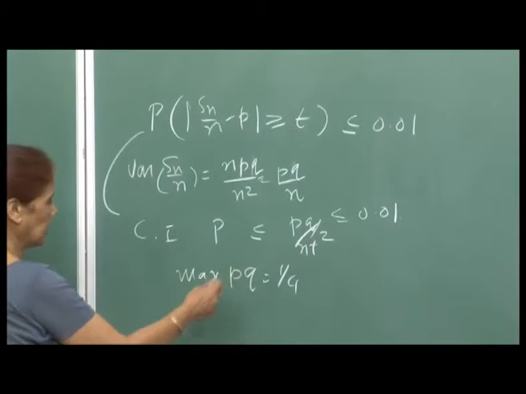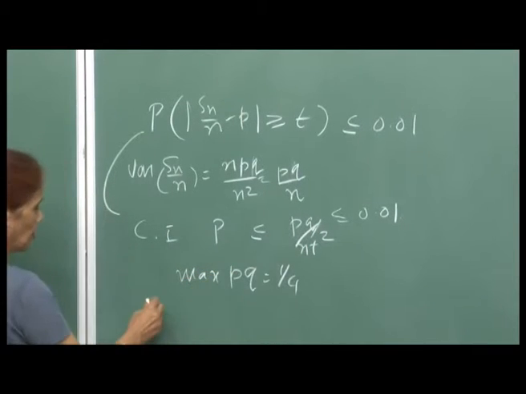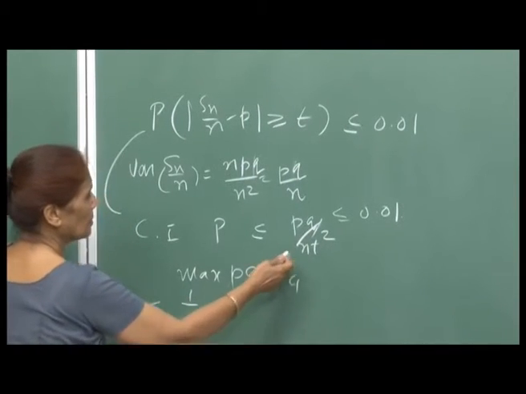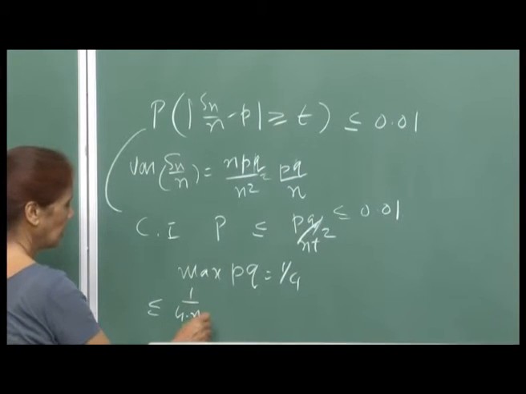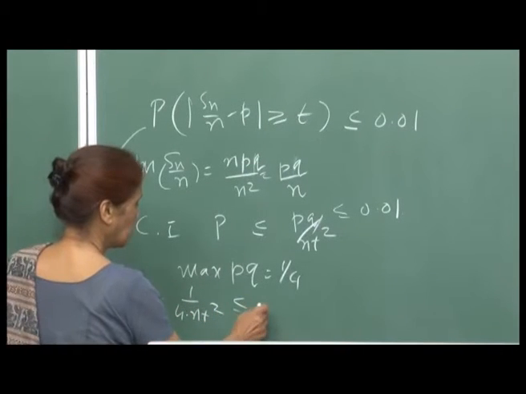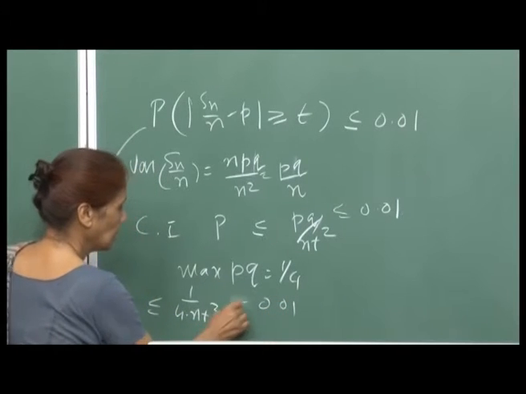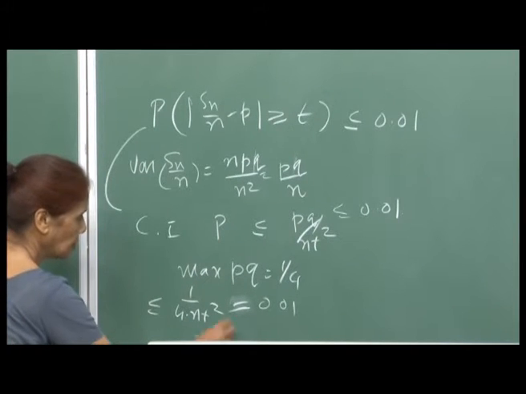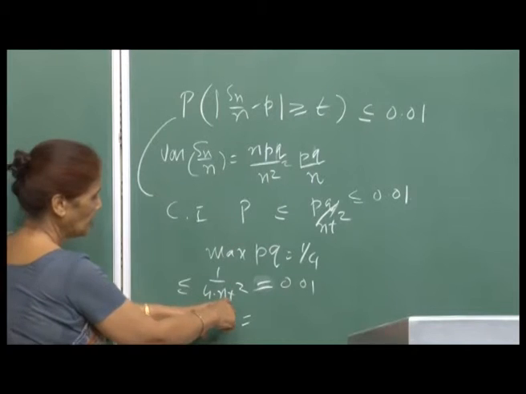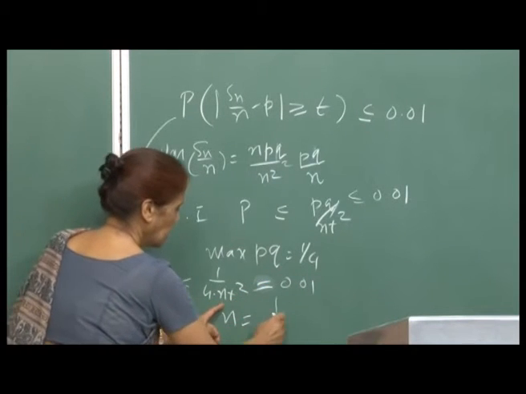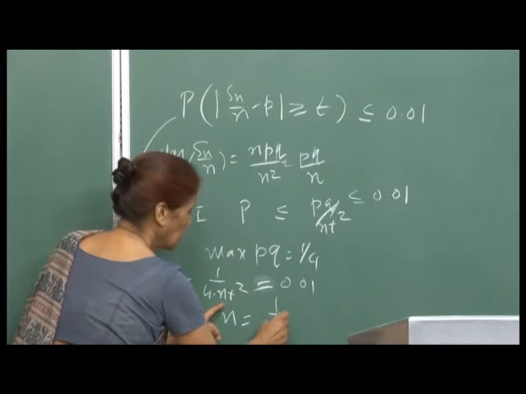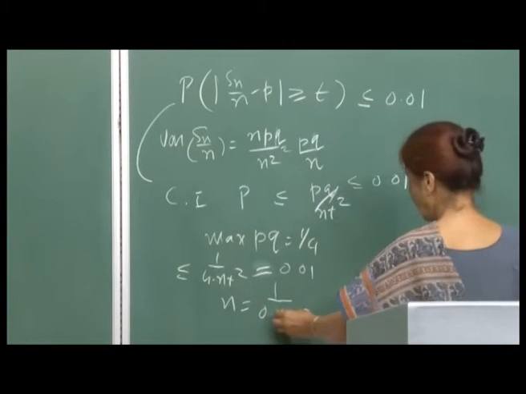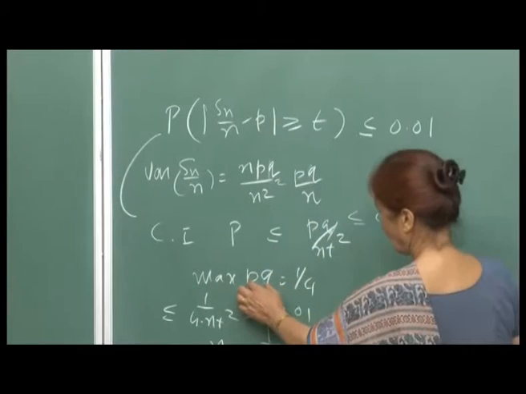So, this probability is less than or equal to 1 by 4 n t squared, and this we want less than or equal to 0.01. Suppose I put this equal to 0.01, then this tells me that n should be equal to, taking n to this side, 1 upon 0.04 t squared. So, 1 by 4 is the maximum value of pq.